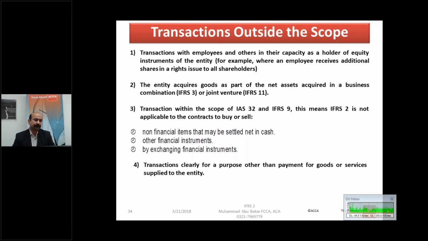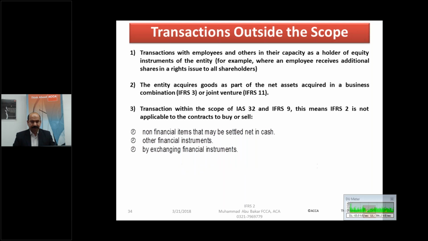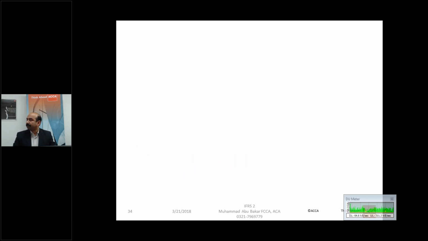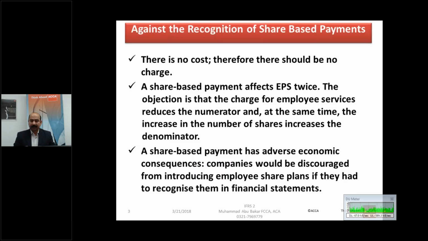Hiram Shazadi asked, can you explain the EPS point again? Yes, Hiram, in case of EPS, let me go to that point. In EPS, what is the formula, Hiram?